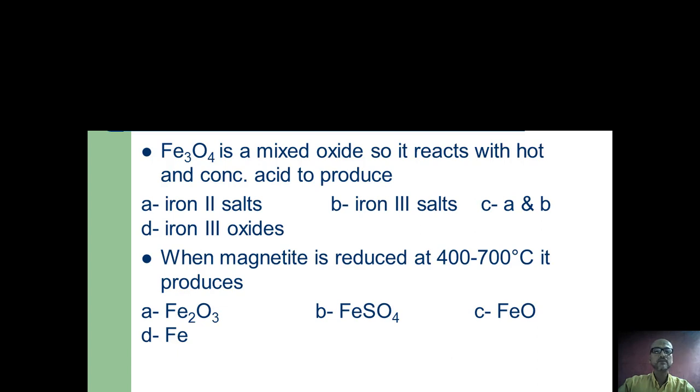What is the choice? The right choice is, excellent, C. Why C? Because at this temperature, the reduction is not complete, so it produces iron 2 oxide. If you heat above 700, it will produce Fe only. So in this question, the choice is C.